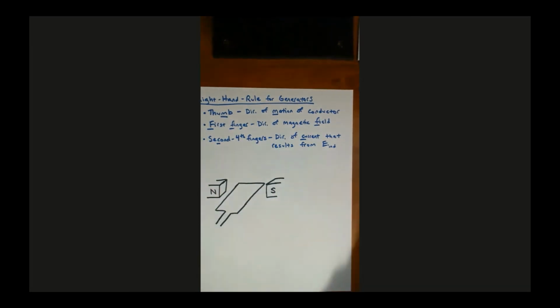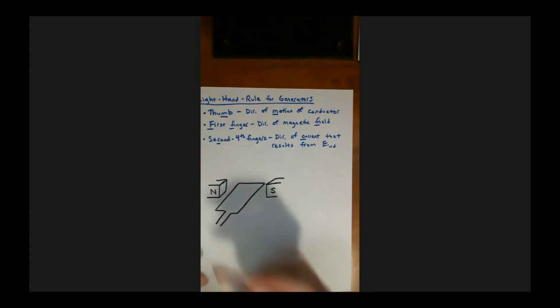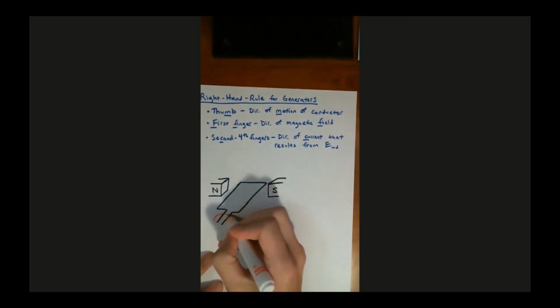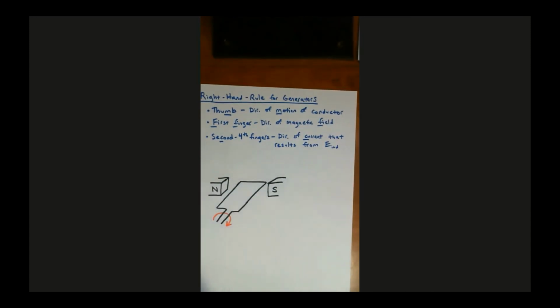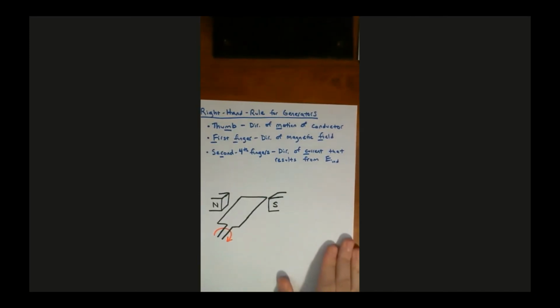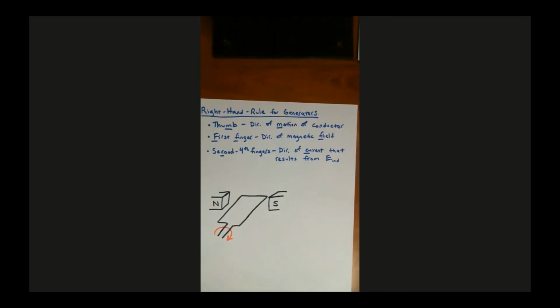And we said that the motion of this armature is clockwise. This thing is rotating clockwise. All right, so we need to apply the right-hand rule for generators. Our thumb is the first thing that we've got written down, so we may as well apply that first.